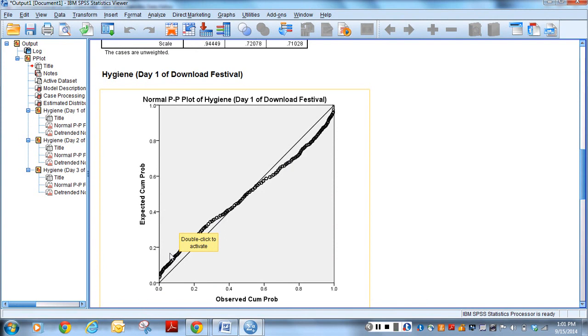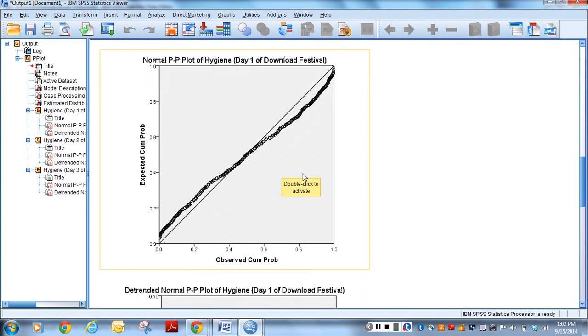If you look on page 182 at day 1, their line looks much more diagonal, much straighter than ours does. And so did my lecture. My lecture actually came from portions of the textbook, and I used those images to show that day 1 was normal. But now that I'm plotting it, as you can see, this is definitely deviating from the diagonal line. And let's look at day 2.